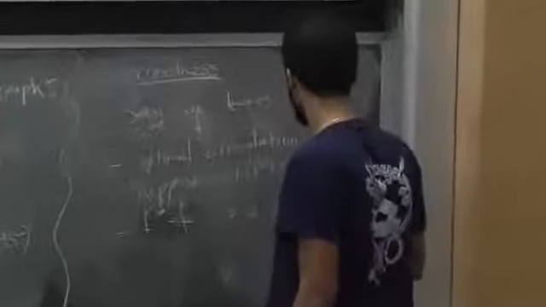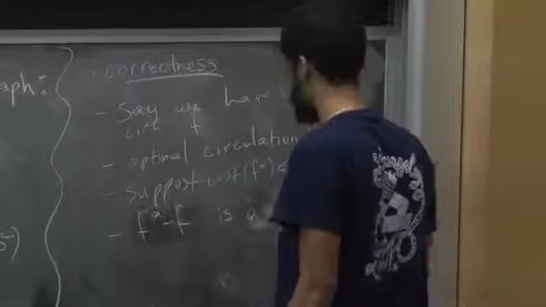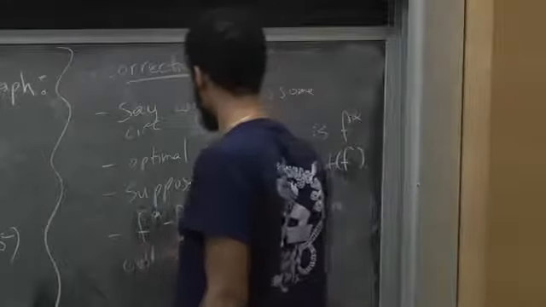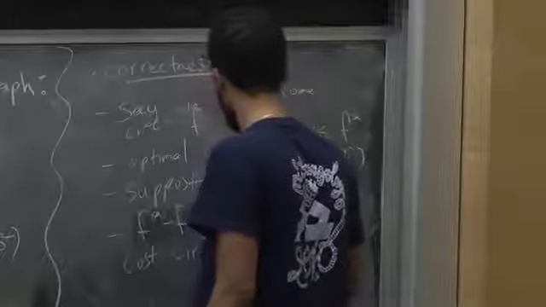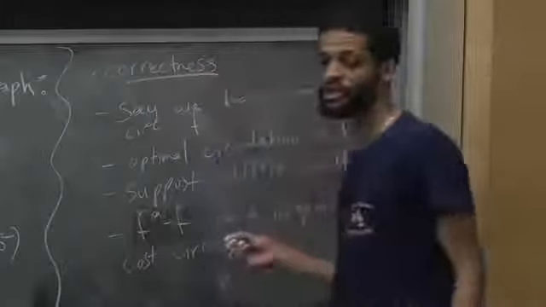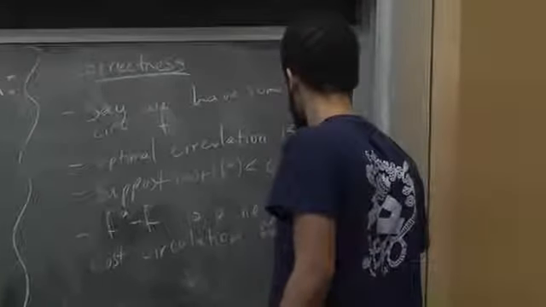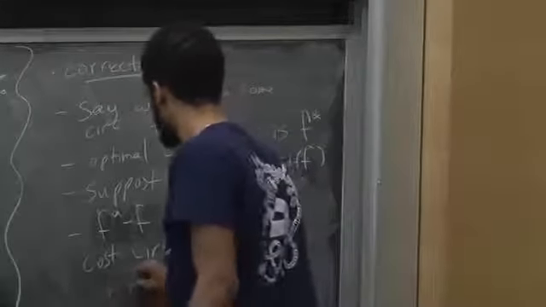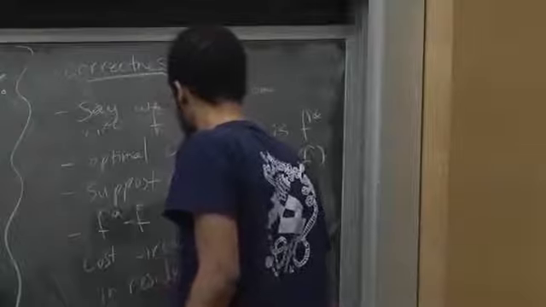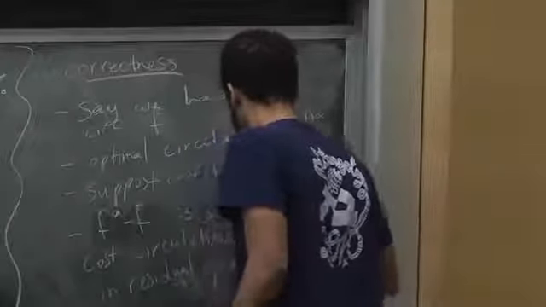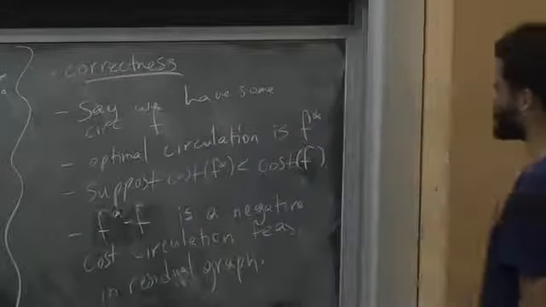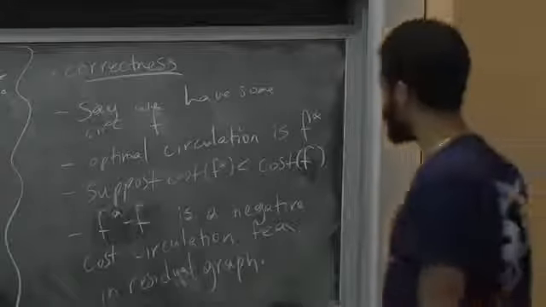So it is a negative cost circulation, and it's feasible in our residual graph. Great.